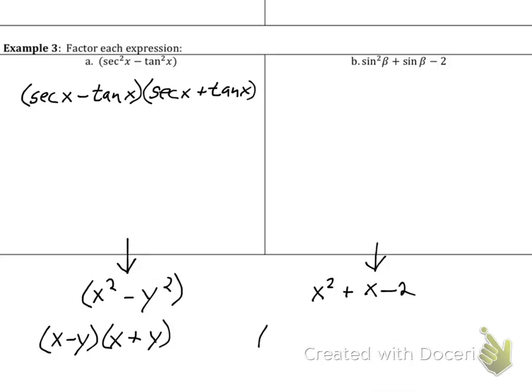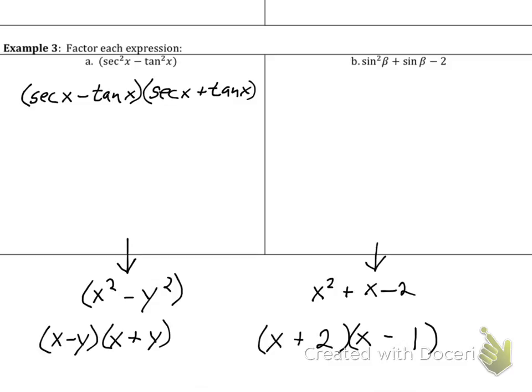So when I factor, I'm just going to use the guess and check kind of method, where I know my first term has to be x times x to give me x squared. The only pair that multiplies together to give me negative 2 would be 2 and 1. When I add 2 to 1, I need to come up with a positive 1. So that means one of them needs to be negative. Which one needs to be negative? Liz? The 1. And the 2 has to be positive.